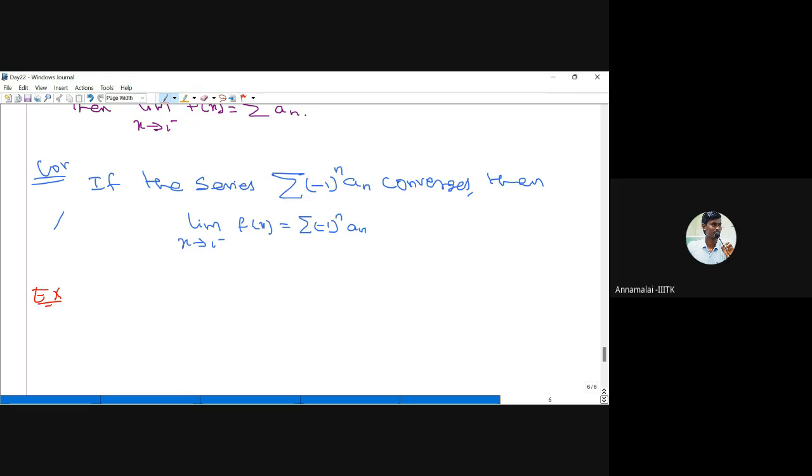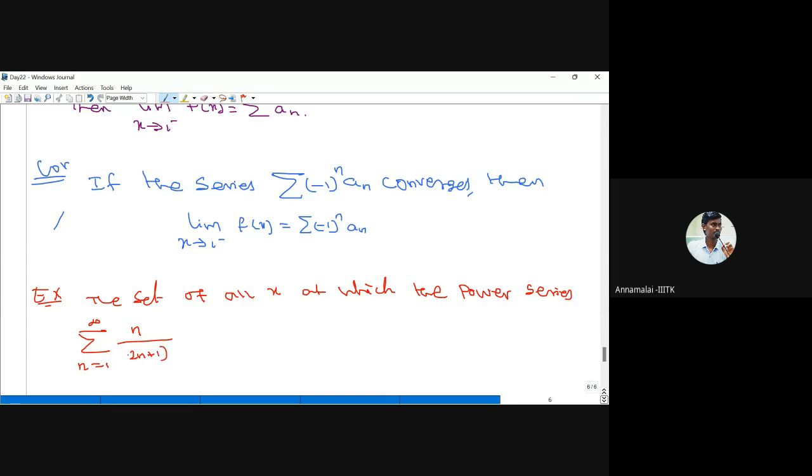Find the set of all x at which the power series summation n equal to 1 to infinity of n over (2n plus 1) whole squared into (x minus 2) power 3n converges.